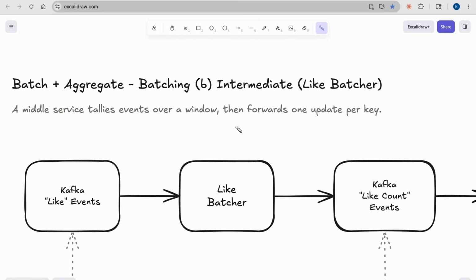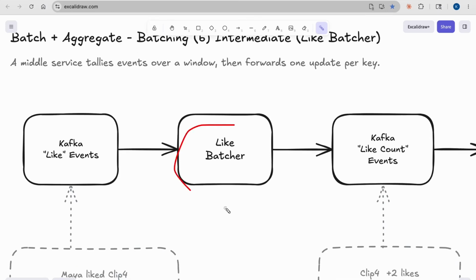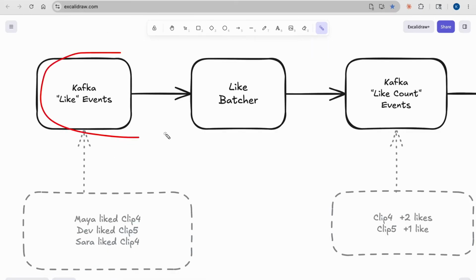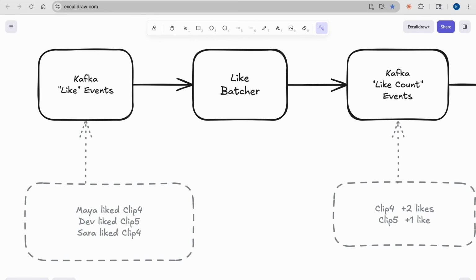To understand, let's say we have a batcher for our posts or videos, whatever it is on our platform, and we have a Kafka topic of events. For one video, say option A likes clip 4, option B likes clip 5, and some other user likes the same clip 4. Now we are receiving events like this.